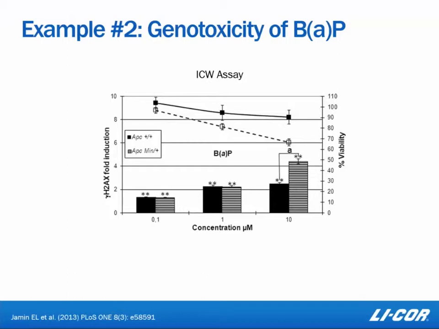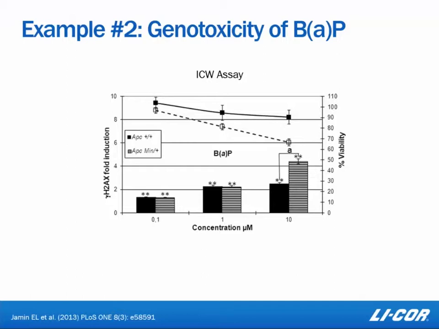For BAP application, they could readily detect a dose-dependent increase in histone phosphorylation and an increase in cell death. And they found that the APC-min cells were more vulnerable than wild-type cells. So this suggested that indeed, BAP mutations at this gene result in both genotoxicity and cell death.